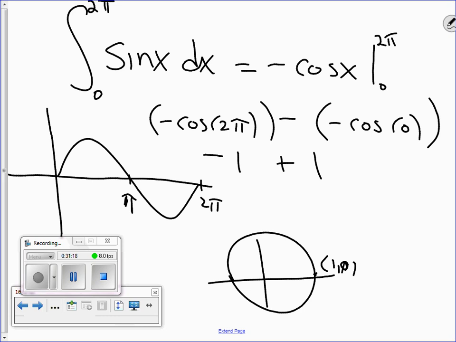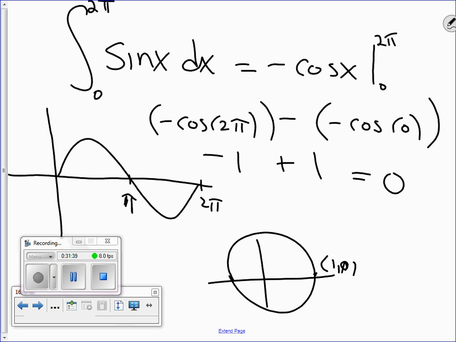So what do we get for the value of the definite integral from 0 to 2 pi? 0. We get an answer of 0. Now, when the function was positive, it gave us the total area between the graph and the x-axis. Why do you think we're getting 0 this time?